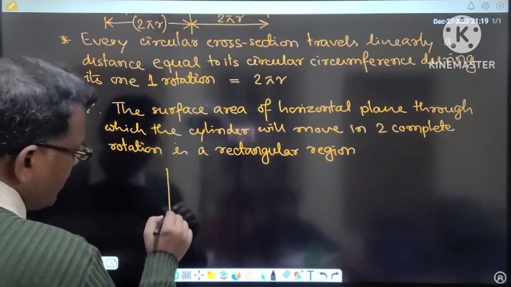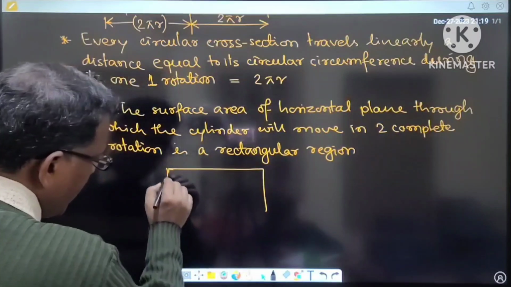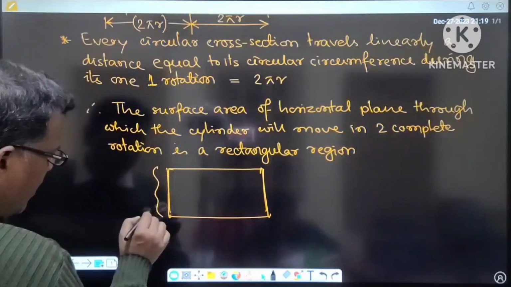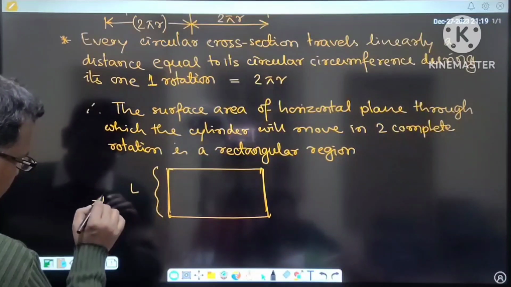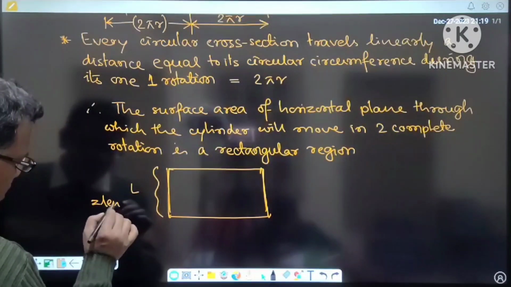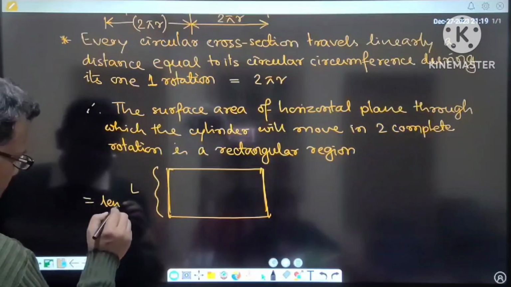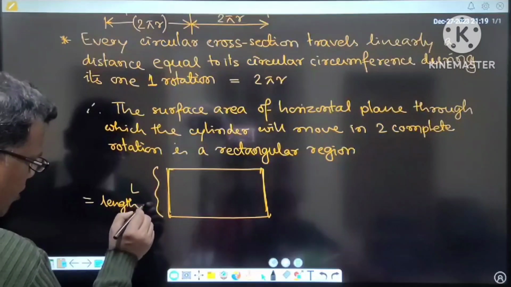That rectangular region can be marked like this. This side will be L, that is the length of the cylinder. This side will be L, right? That is the length of the cylinder.